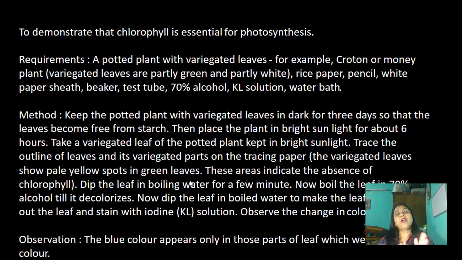Then after that, you have to test it for starch as you have done in the first activity. That means first dip the leaf in boiling water for a few minutes, then in alcohol. Now dip the leaf in boiled water to make the leaf soft. Take out the leaf, wash it in water and stain with iodine solution. Observe the change in color. What will happen?